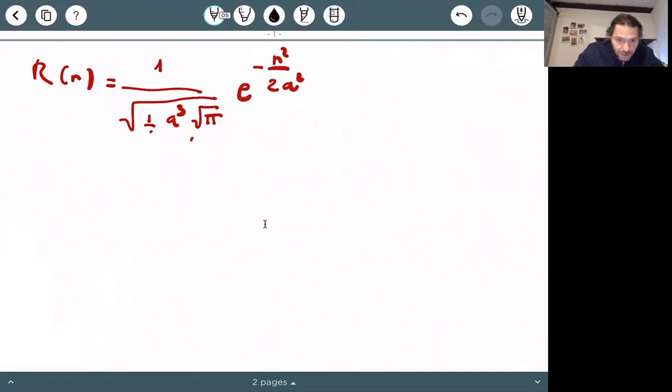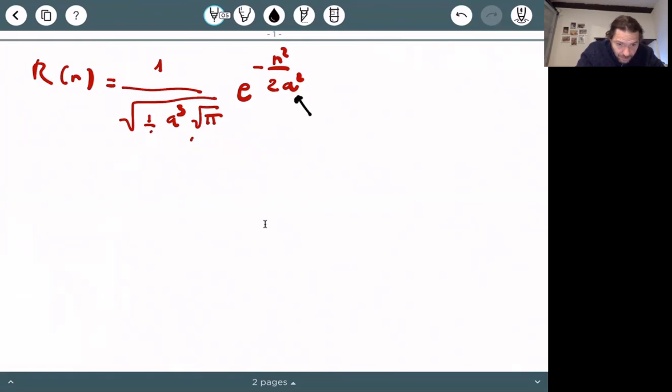The next step is to compute the expectation value of the Hamiltonian in this variational ansatz, and then change a, in this case the variational parameter, until I get the smallest possible value. That would be my best guess.